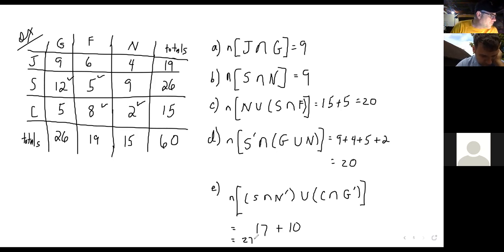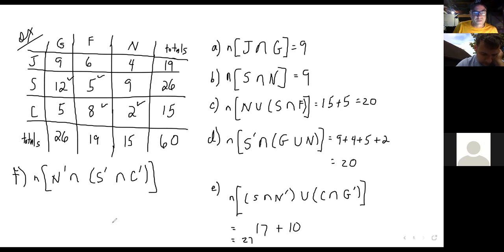So look, I got one more here. Let me look at it real quick. Let's just do one more and see if that might happen here. So one more. N complement intersected with S complement intersected with C complement. All right, so I got complements all over the place.